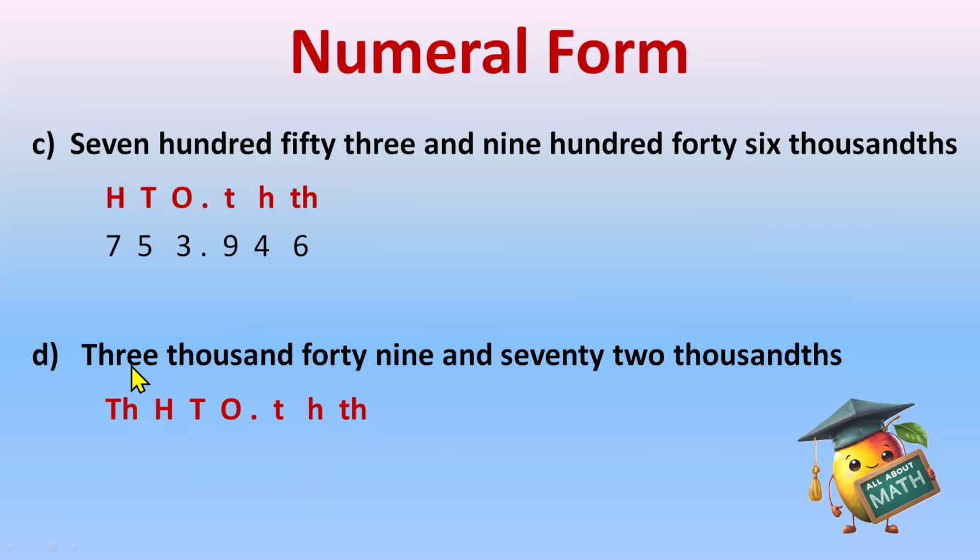Now 3,049. 3,000 means 3 will come under 1,000. And 49 will come under tens and ones, and hundreds is 0 here. 72 thousandths means 2 will come under thousandths, 7 will come before 2, that is under hundredths. We do not have tenths here, so we'll write 0 here. So now you can check. This is 3049 and 72 thousandths.